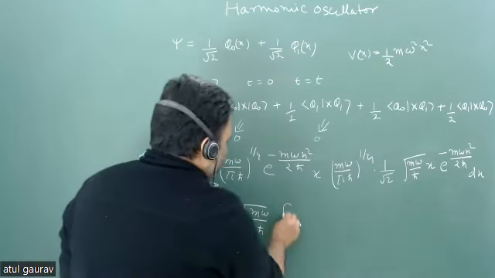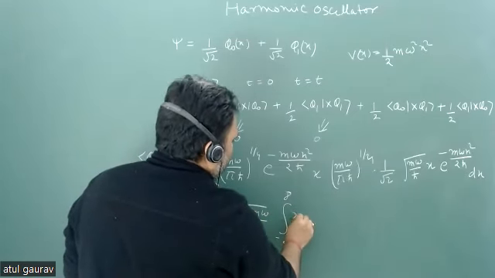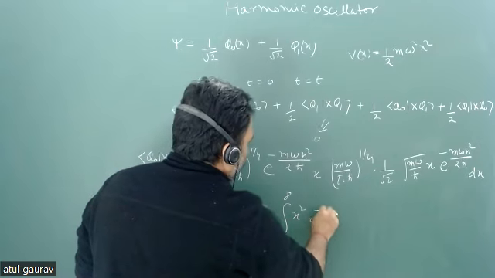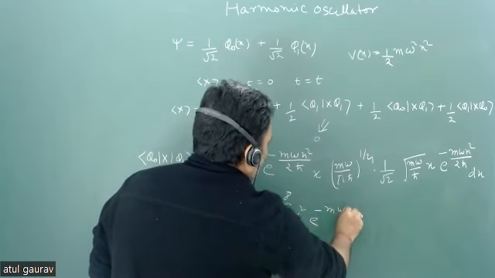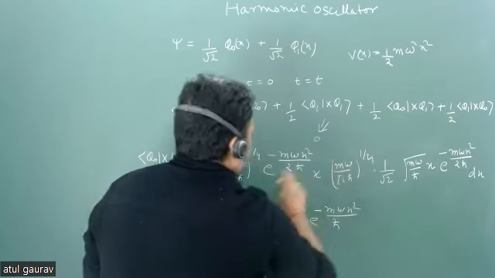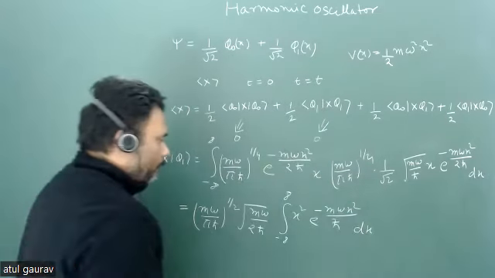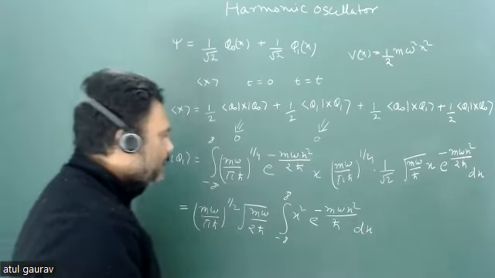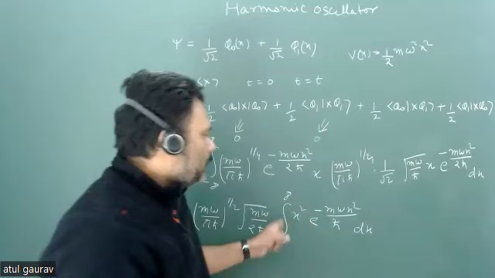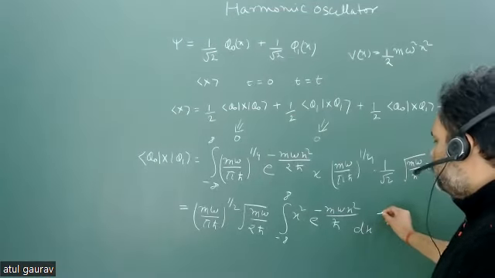And inside this integration, we have minus infinity to plus infinity x square e to the power minus m omega x square upon h cut dx. Now the whole challenge is this integration. So what will be this integration?